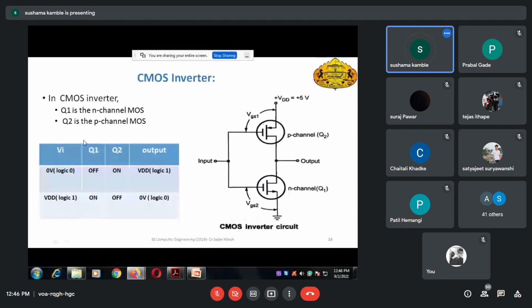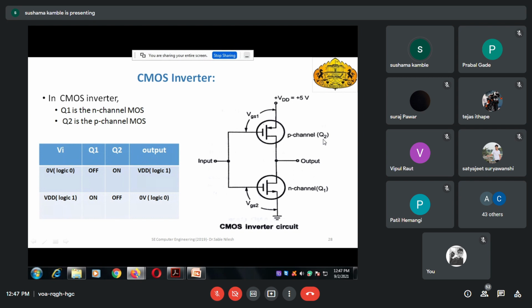When Vin is equal to 0 volt, which transistor will be on? P channel.